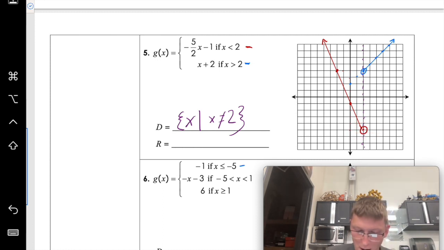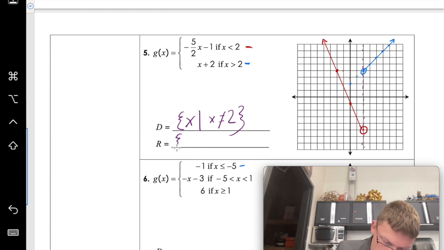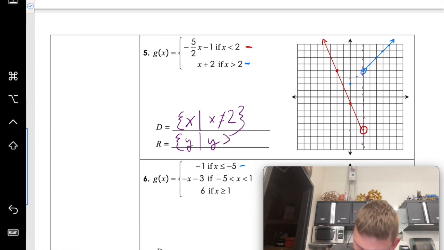We can write that multiple ways, but to stay with the way I started, we'll open our brackets: y such that y is greater than whatever number that is. I don't know, 1, 2, 3, 4, 5.